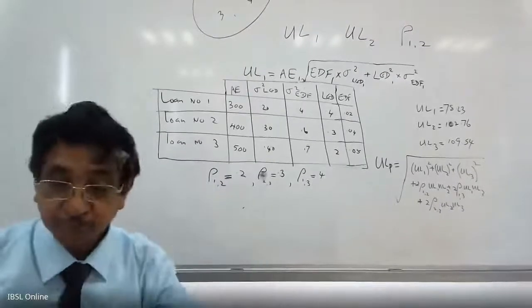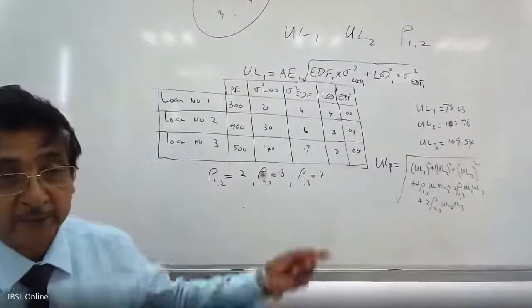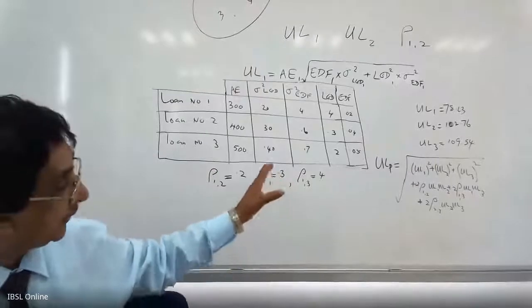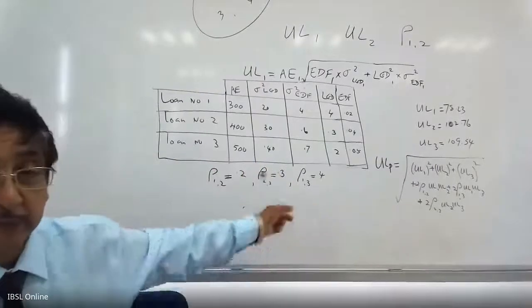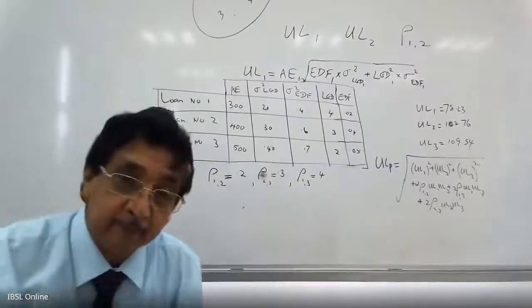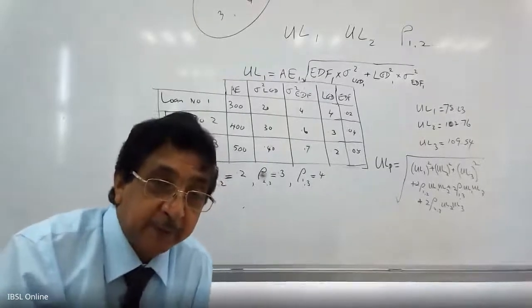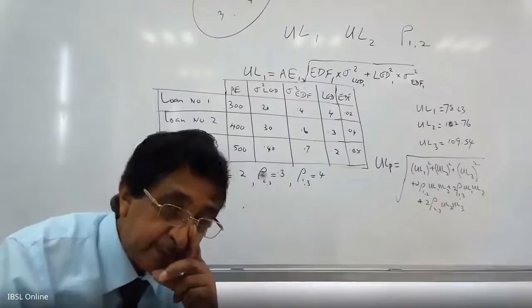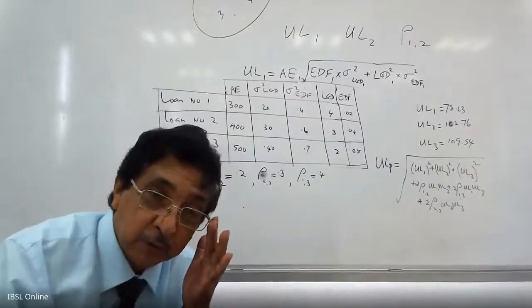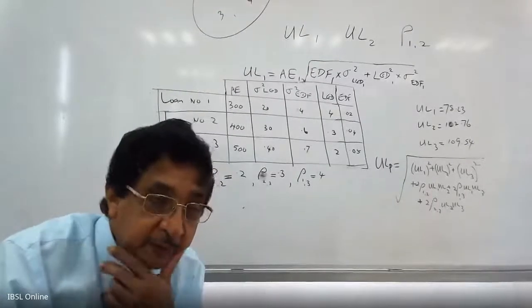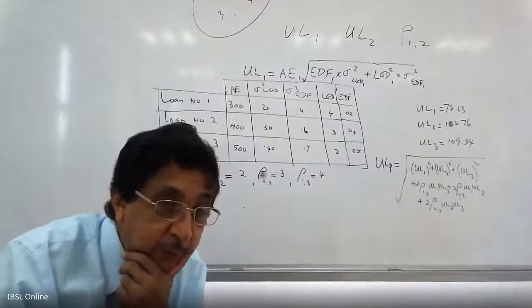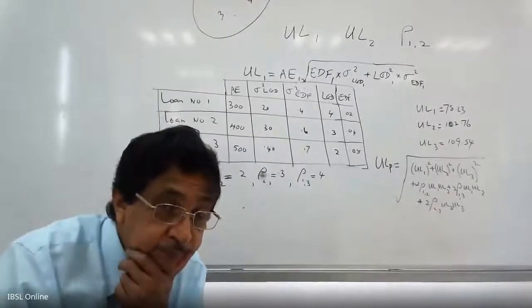Now I tried to explain something on the board, but these things are available in the slide also, but not the schedule. But I think the schedule I read now. So with that, you try to do the calculations as it is.